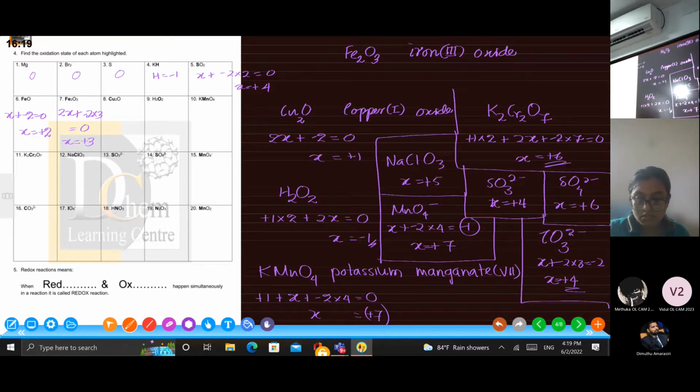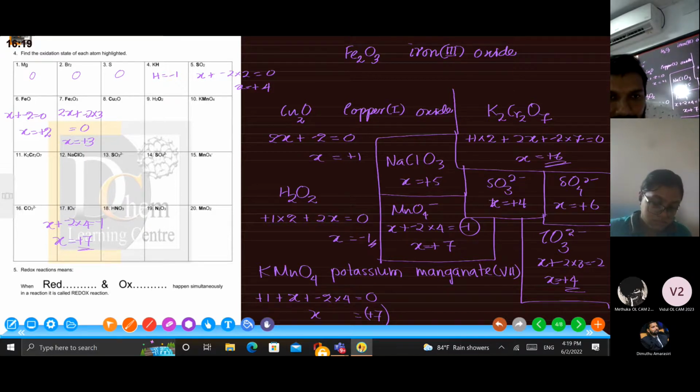And IO4 minus: x plus -2 into 4 is equal to -1. So iodine is +7. Okay, one second. Put them into the monitor. And nitric, nitrogen is +5, this nitrogen is +3, this manganese is +4.